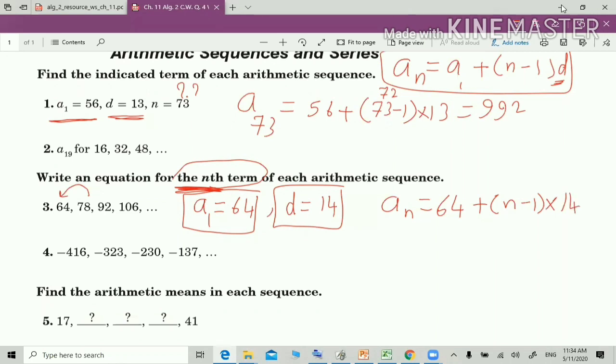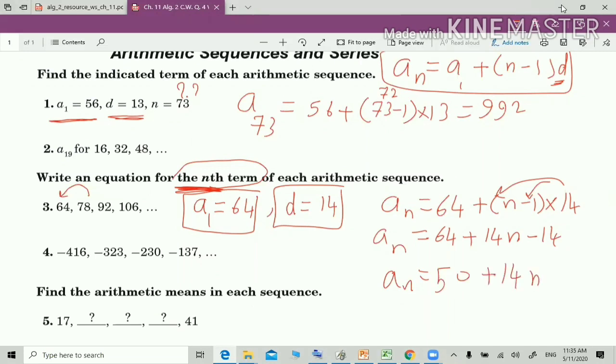Okay? Now we can say An equals, I will calculate that, multiply 14 here and here. It will be 64 plus 14N minus 14. So An equals, here I have two numbers, 64 and 14. So I will say 64 minus 14, you will have 50 plus 14N.